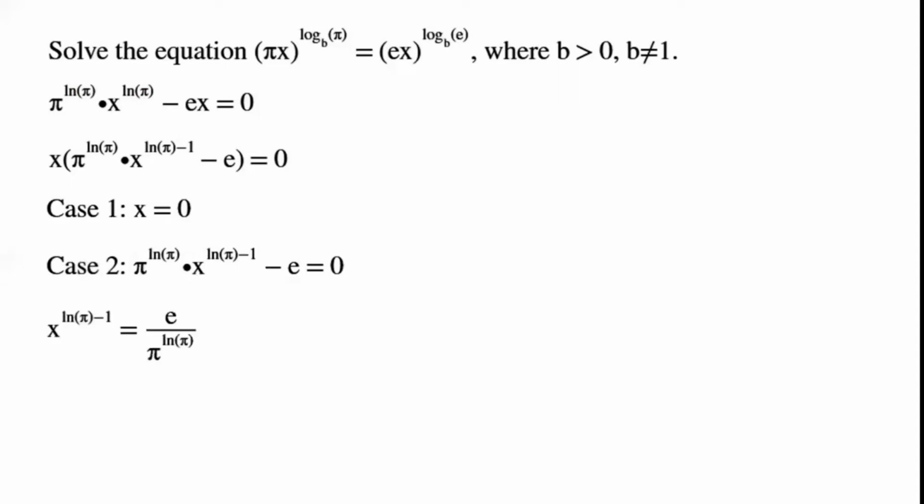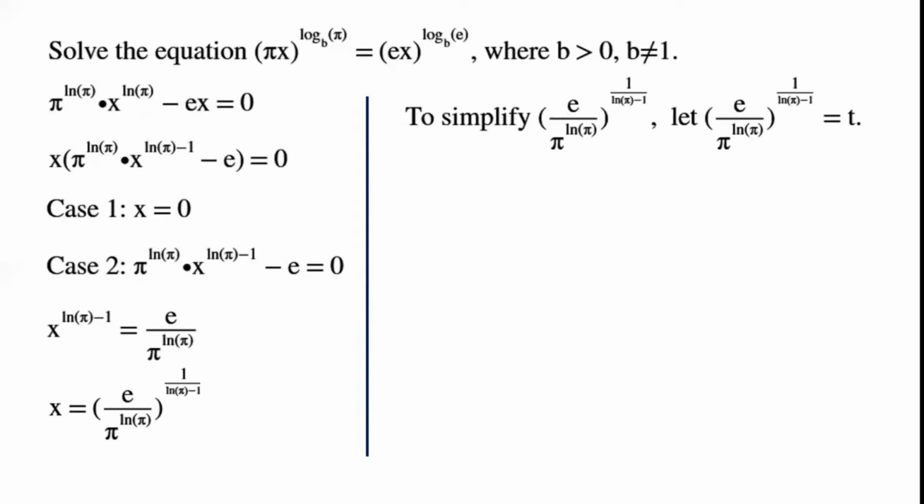By rearranging, x^(ln π − 1) equals e over π^(ln π), which can be written as x equals (e over π^(ln π)) all to the power of 1 over (ln π − 1).